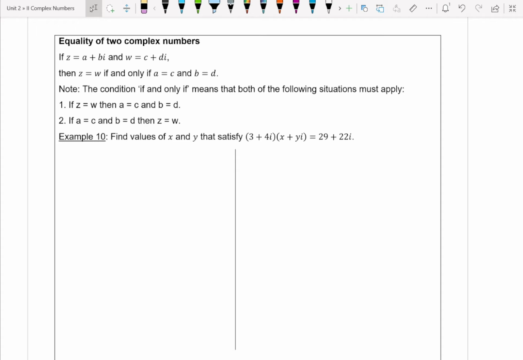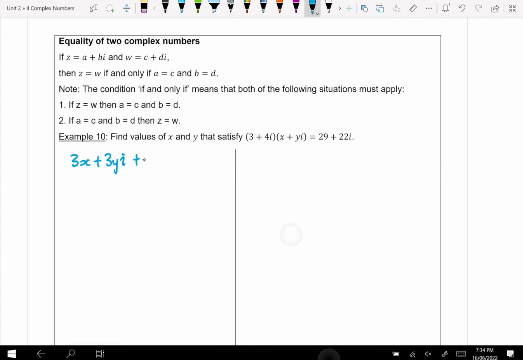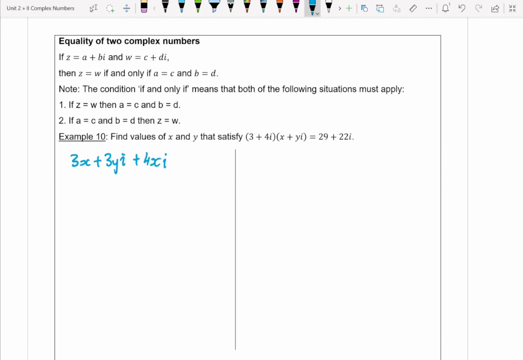So let's find values of x and y that satisfy the following equation. So we get, if we were to expand this out, 3x is our first term, plus 3yi, plus 4xi, and then minus 4y, because again we've got that i squared, which becomes negative 1. So our real component is 3x take 4y, and our imaginary component is 4x plus 3y.